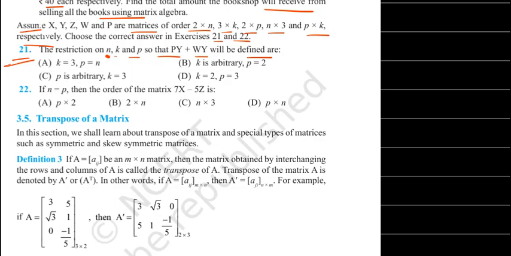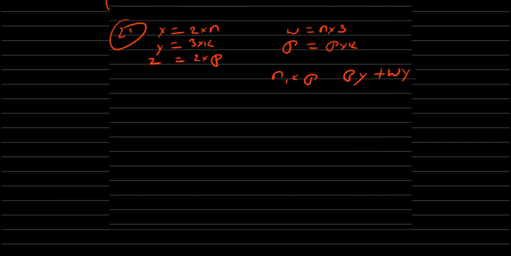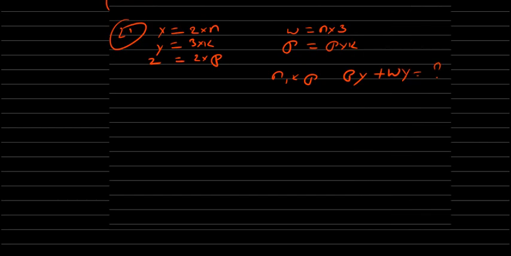Okay, n, k, p. We need PY and WY. We know that the order of P is p into k, and for Y it is 3 into k.